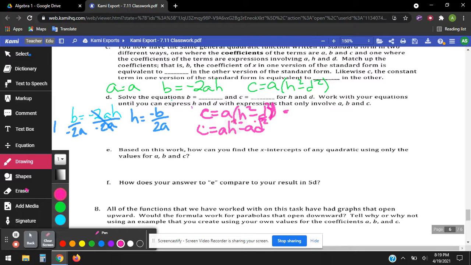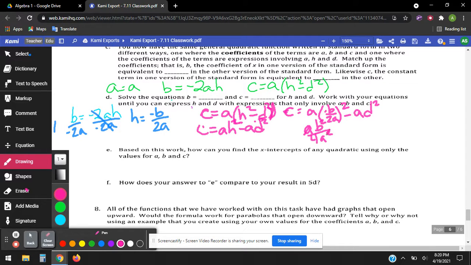All right, and then from here, I know what h equals. I just solved for h. So c equals a times negative b over 2a squared minus a times d squared. And I can simplify this into ab squared over 4a squared, right?